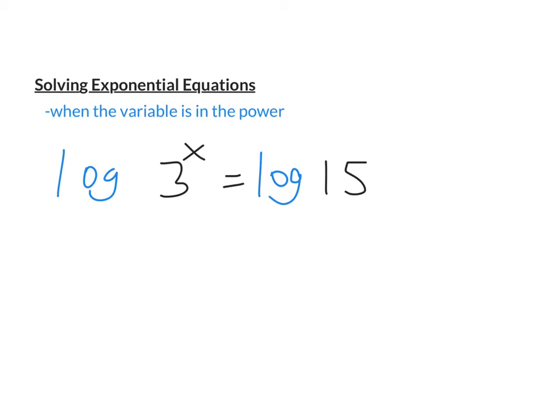So here's what this is going to do for us. Because of our power property, what happens with this x? It goes out in front. Okay, like that. So now we're one step away from getting the x by itself and being able to solve this exponential equation. What do I need to do now? How do I get the x by itself?